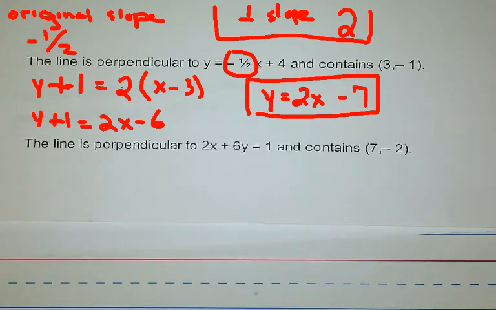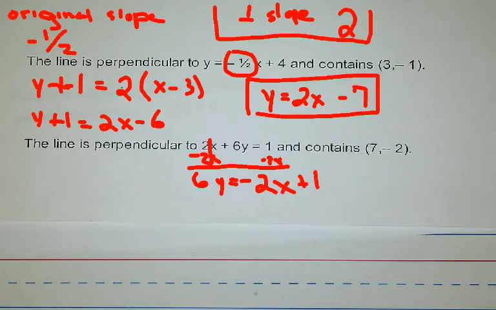Oh, we got a tricky one here. I can't do this unless I know the slope. So I have to find the slope, which just means I have to subtract 2x here and here. And so that goes away. I get 6y equals negative 2x plus 1.